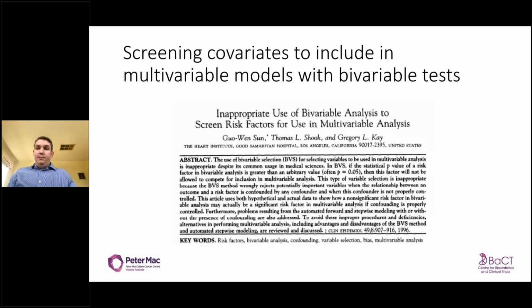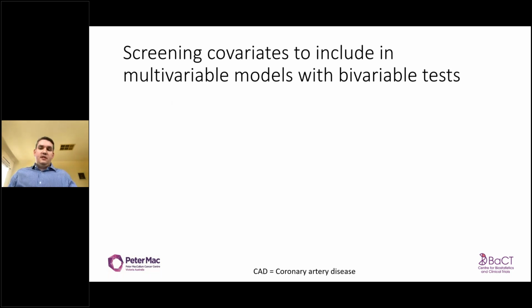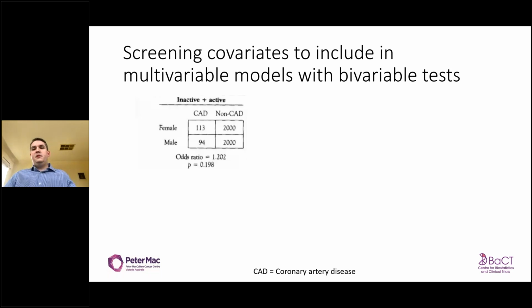In this paper, the authors did many simulations, and they also assessed this issue with some real data, and I selected one of the examples to show to you. In this example, they are assessing the relationship between sex and coronary artery disease. This is just a cross-tabulation between the two, and as we can see, the p-value was not significant.